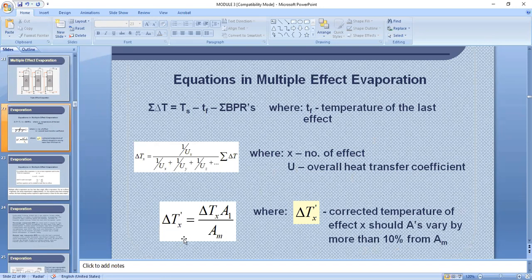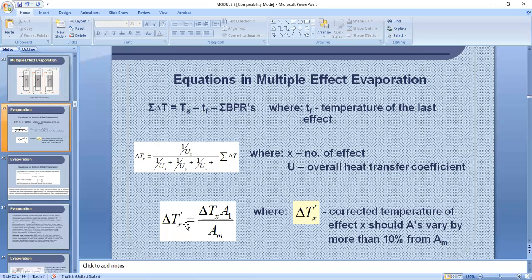So the correction is in this form. How do you correct the delta Tx, or the delta T for a particular effect? It's your original delta T times the computed area for that particular effect divided by the mean area. So you will have the corrected or new delta Tx prime, which will lead to new enthalpies.